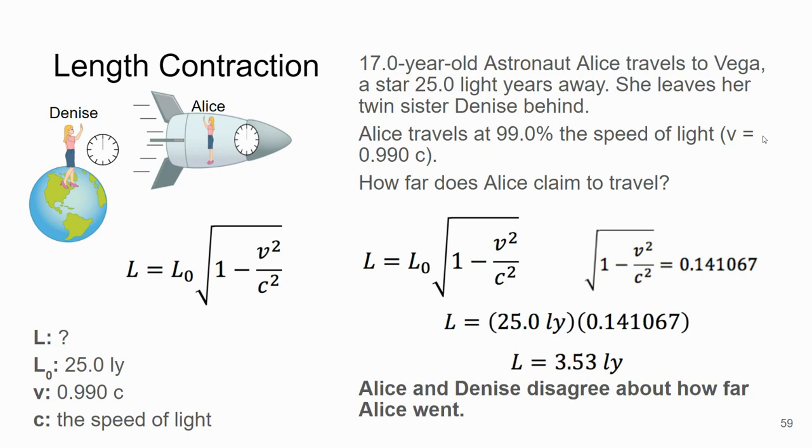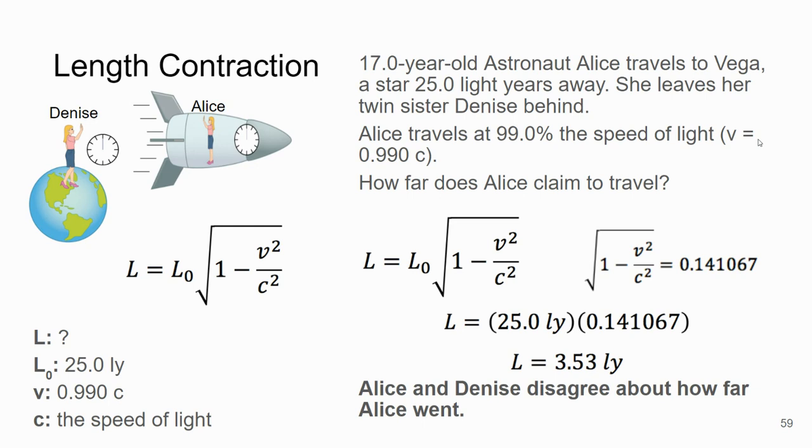So Alice and Denise will disagree about how far Alice went. A couple of classes ago, we talked about how they disagree about how long this trip takes. It seemed like this trip is 25 light years long, but Alice made that trip, according to her, in only, I think it was 3.56 years.